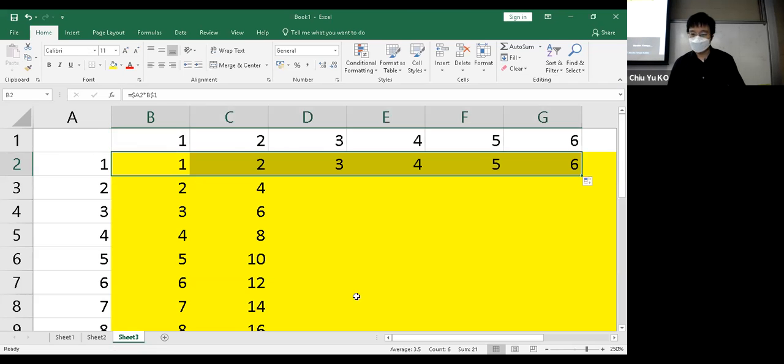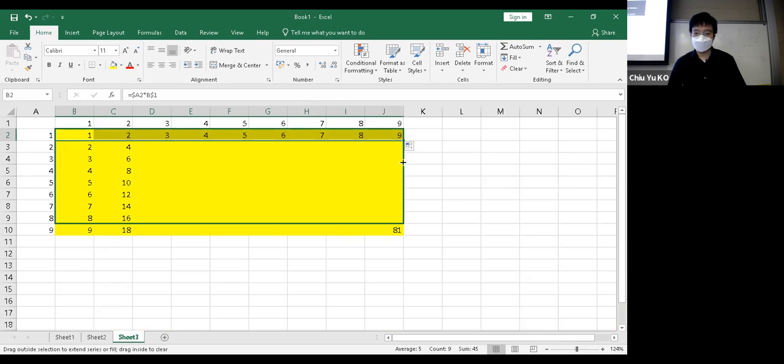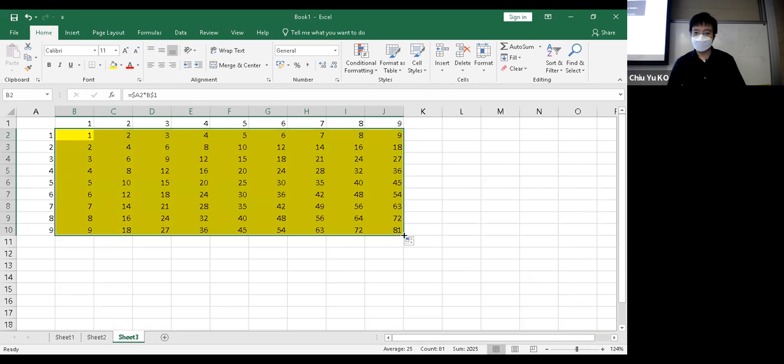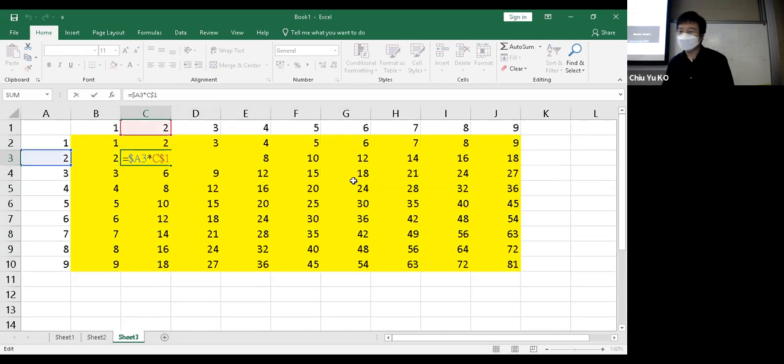You can just drag, I make it smaller, or copy and paste, it doesn't really matter. You can drag this out, and the shortcut is to double click. Just drag, and I'm done. The same formula applies everywhere.